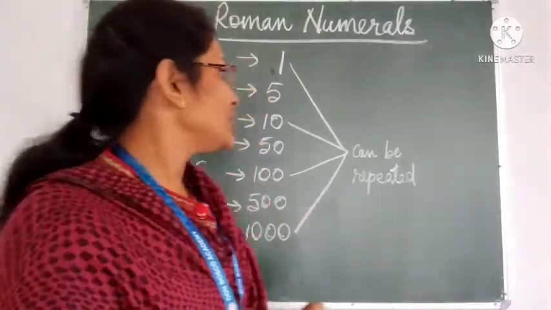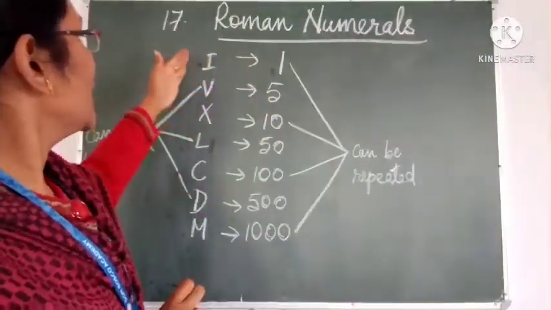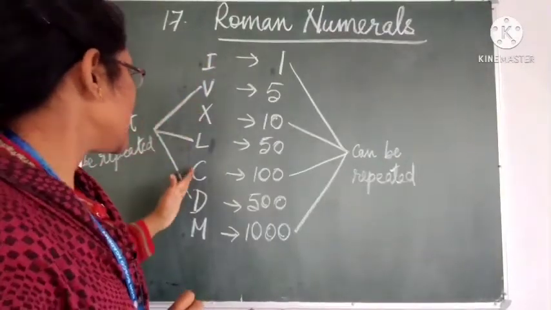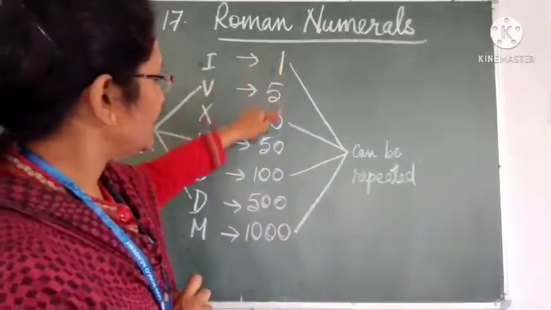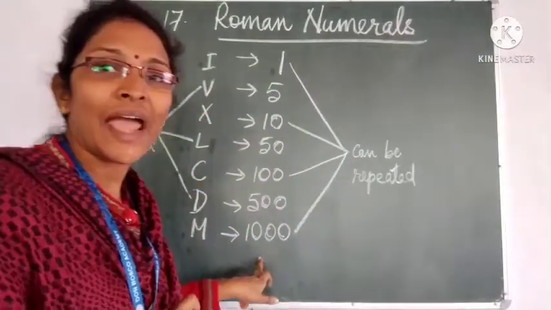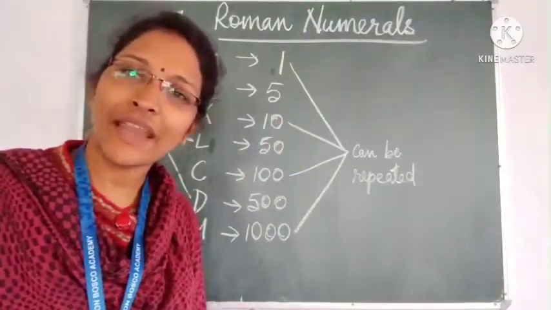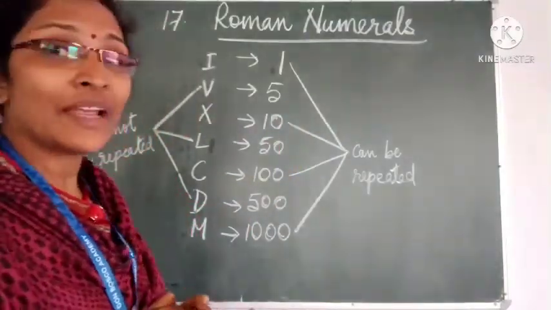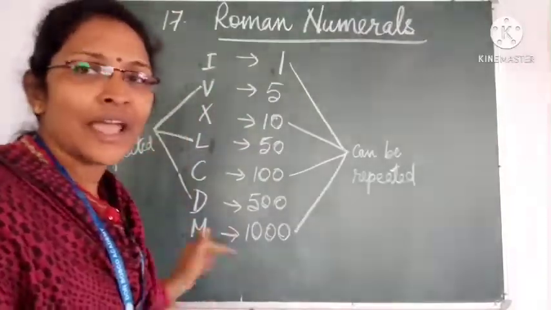Some Roman numerals which can be repeated are I, X, C and M, meaning 1, 10, 100 and 1000. Only these Roman numerals can be repeated. Which all can be repeated? I, X, C and M.